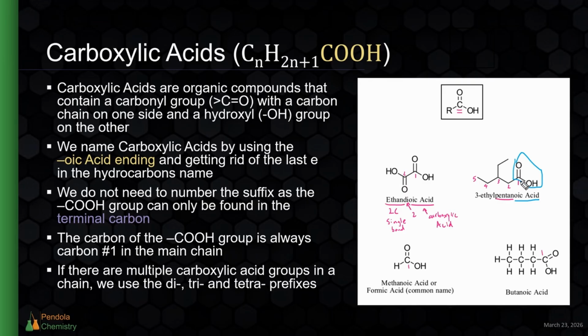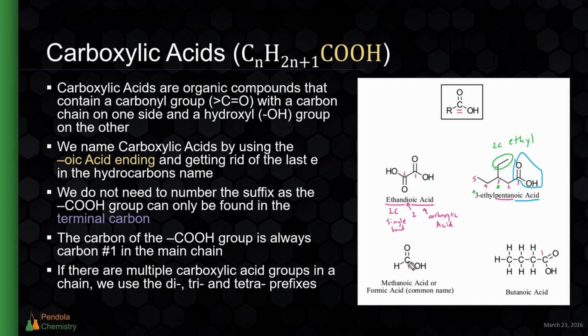And that carbon is always going to be carbon 1, so we don't need to number it. And then we have, in carbon 3, a 2-carbon side chain. So because that side chain is 2 carbons, it's eth. And because it's a side chain, it's ethyl. So this is 3-ethyl pentanoic acid.